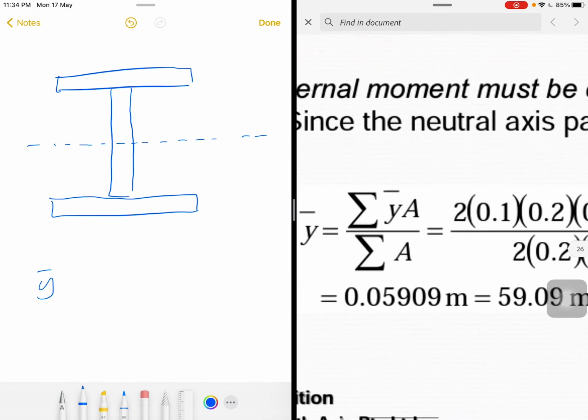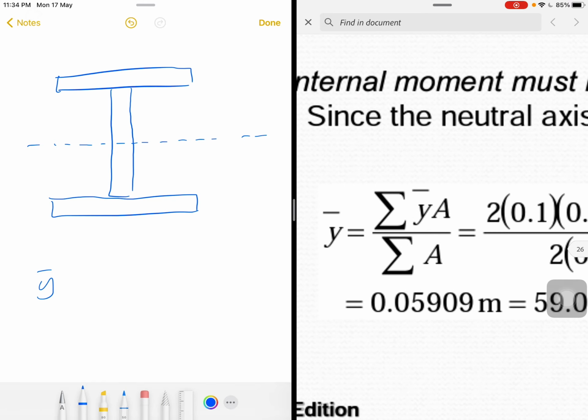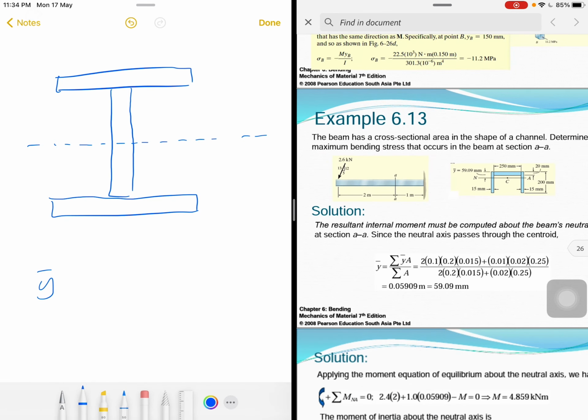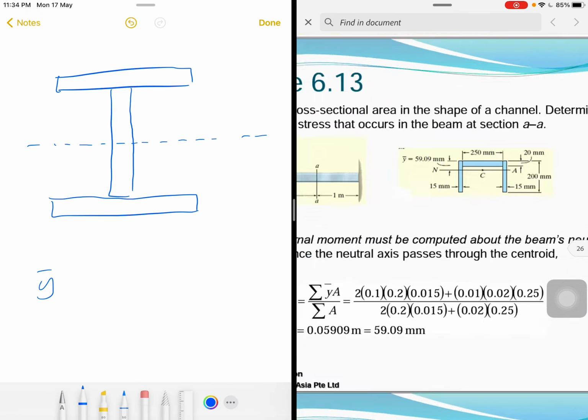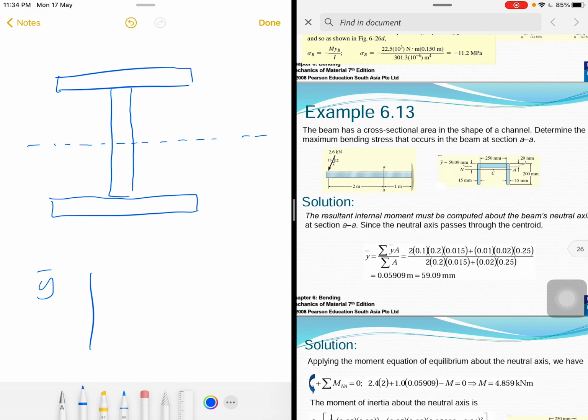So how to do this? This is the formula to locate the neutral axis. Let's say for this example, you draw the rectangles.